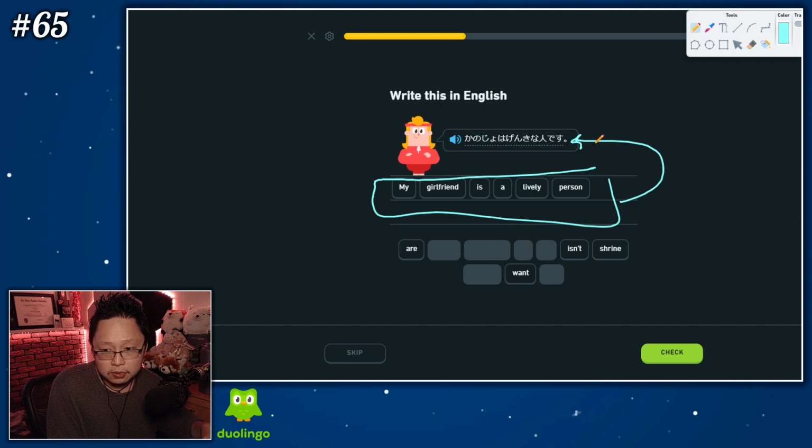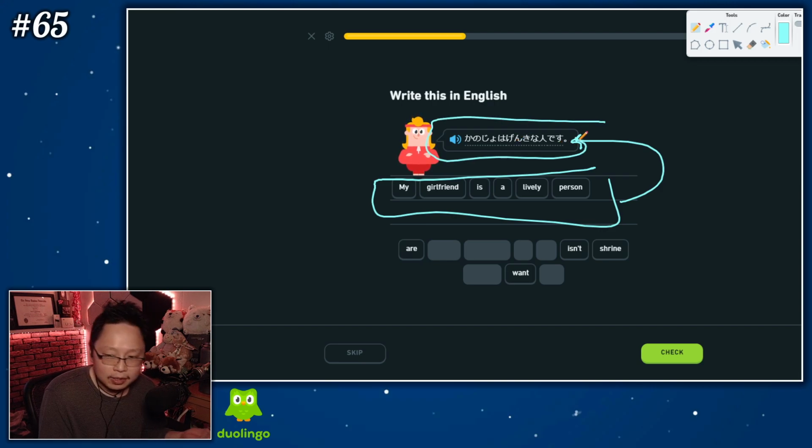Duolingo does not encourage you to make commentary or have conversations with yourself. So, not now, but at some point later when I have enough vocabulary, I'm going to keep making attempts at making commentary in Japanese as opposed to English, which I would say, well, not my girlfriend because I don't have a girlfriend, right? But someone else's girlfriend might be lively.